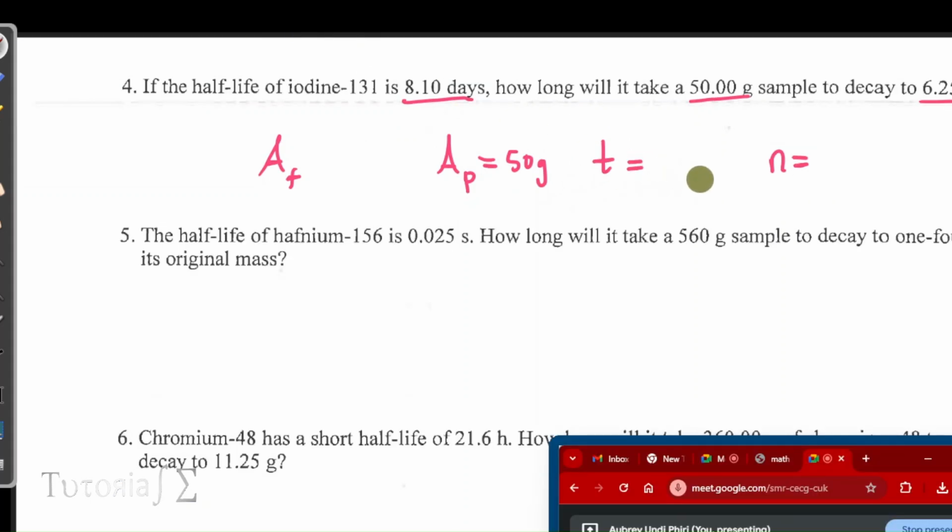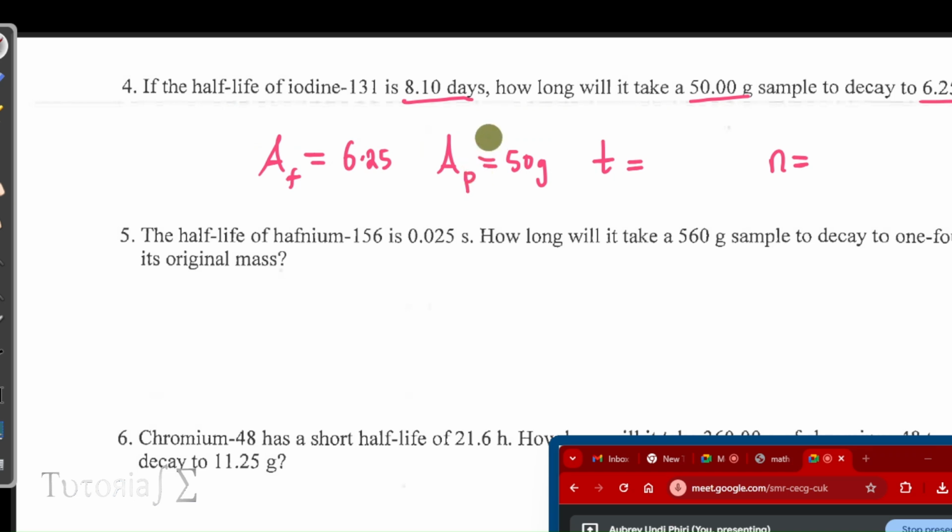AF, which is the future value, which is 6.25 grams. What else have we been given? 8.10 days.